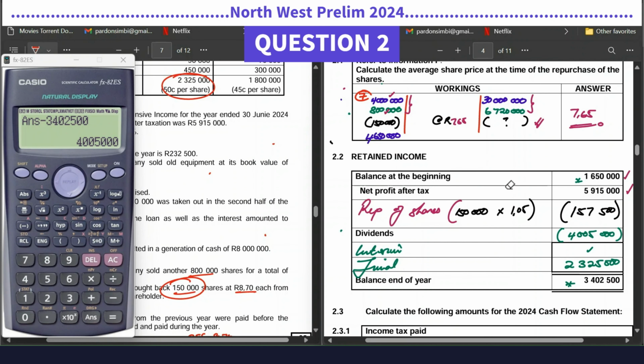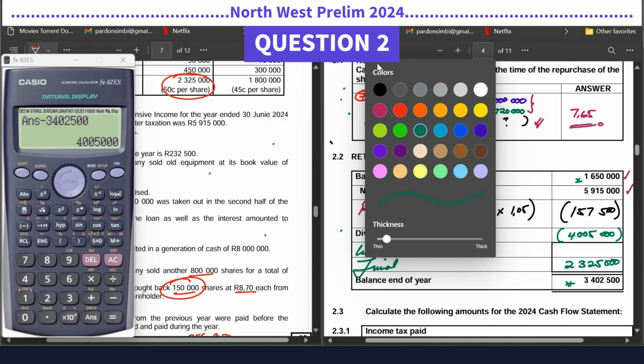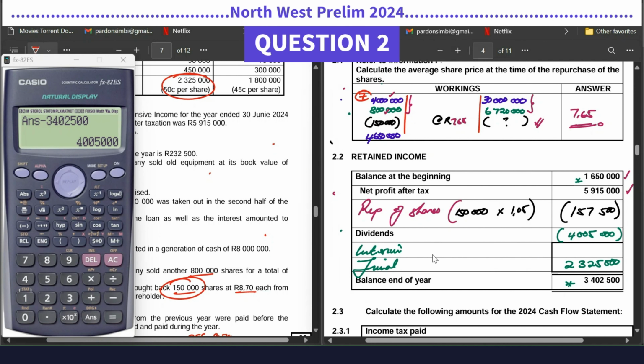To get my interim dividends, I'm now saying my dividends for the year, which is 4,005,000, minus 2,325,000 like that. And then that will leave me with 1,680,000.